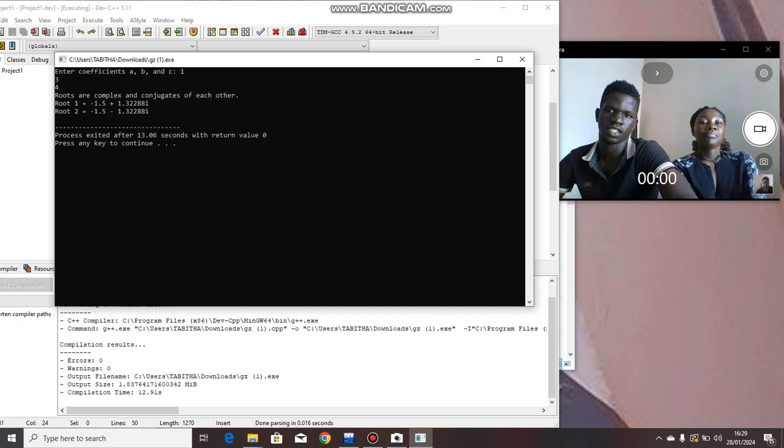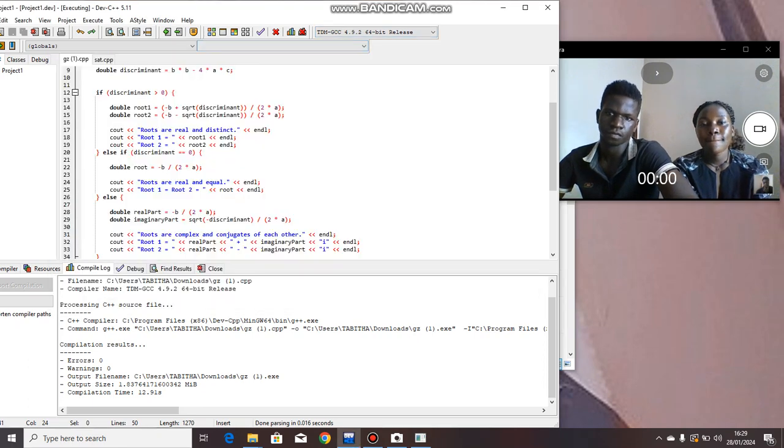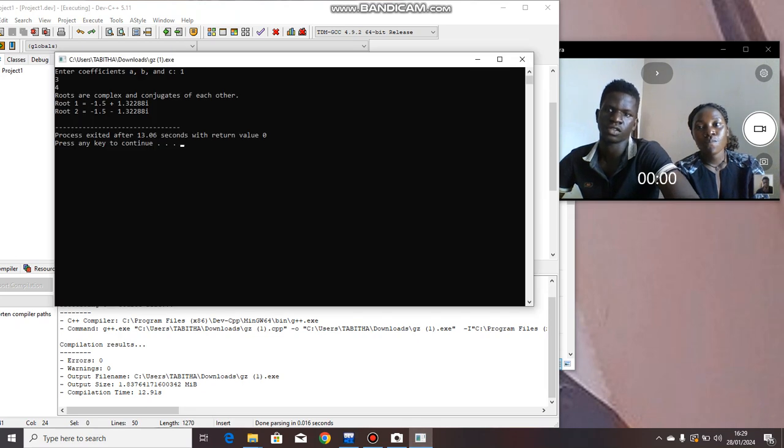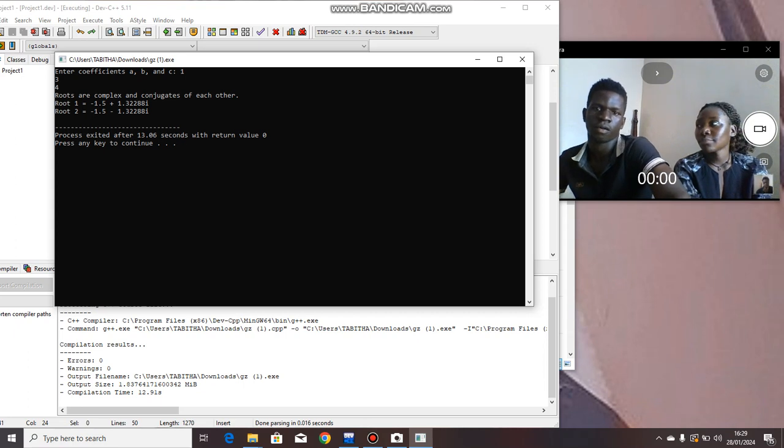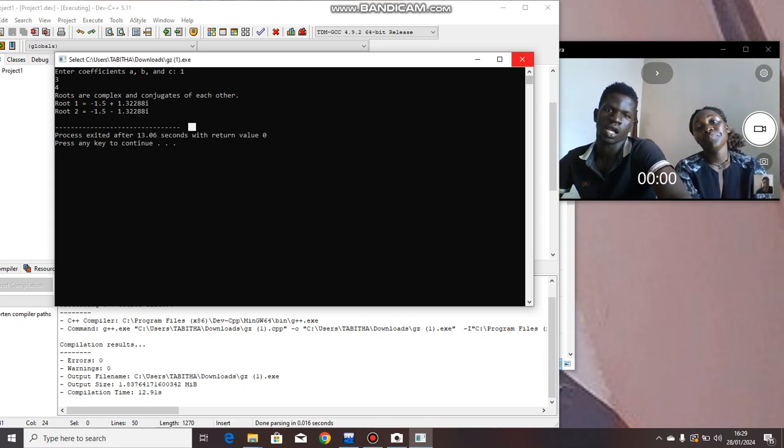So in the form of roots, root 1 is got by the real part plus the imaginary part i, and the other is the real part minus the imaginary part i. As you can see, it's giving us the same thing, because here we are seeing a plus and we're seeing a minus. So that's how the program calculated the parts that were needed.